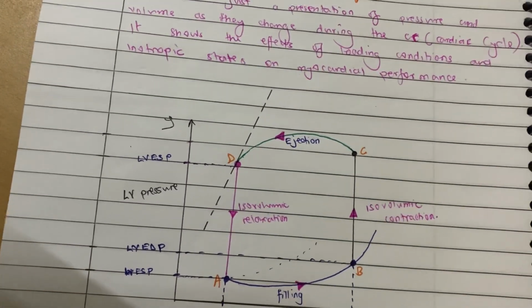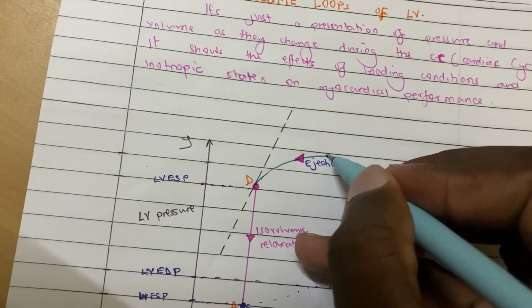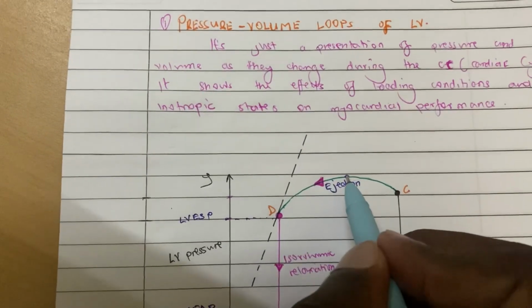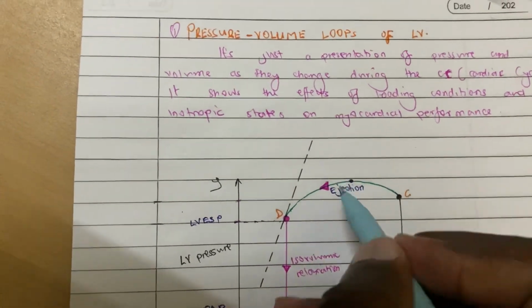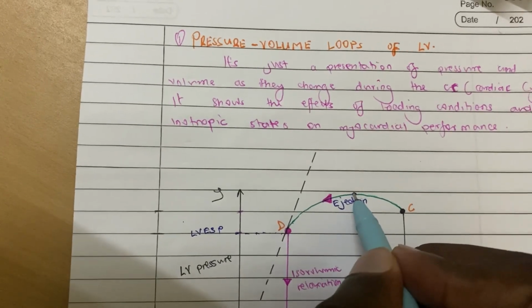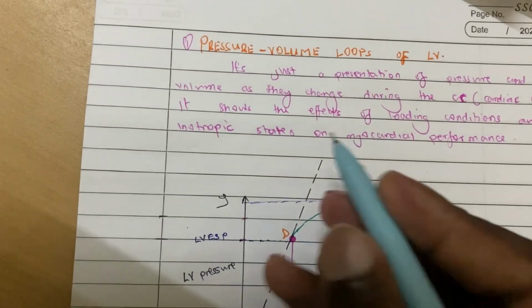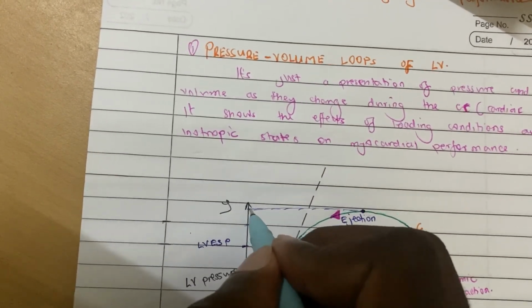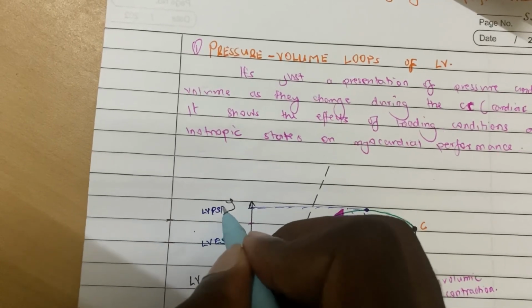point C. The valve is opening, so the peak systole is happening somewhere here for this curve. If you extrapolate this point, ejection is going to start from here, but peak systolic pressure is going to be somewhere here at the top of this curve. So if you extrapolate it, you get at this point LV peak systolic pressure.